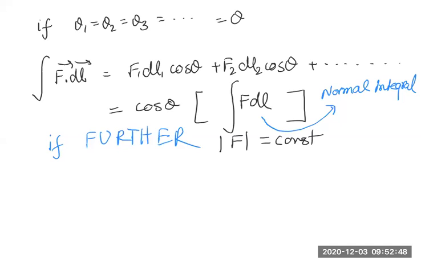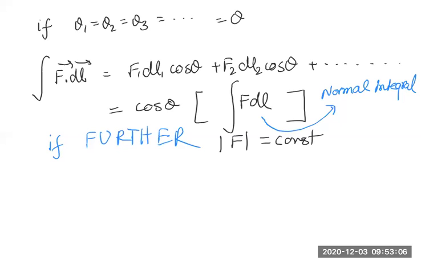So if further, that means ki not only have you found that for all the line elements, the angle between the vector f and the line element is constant. Okay, हाँ यहाँ पे लिमिट्स नॉर्मल इंटीग्रल वाले होंगे.